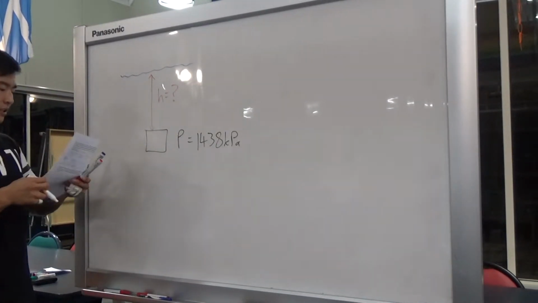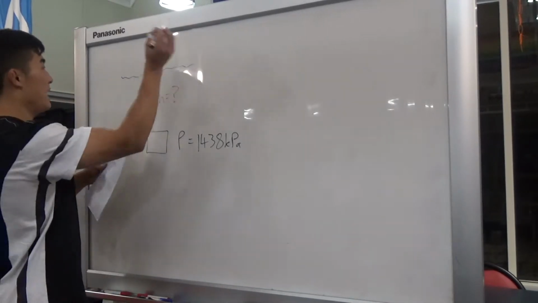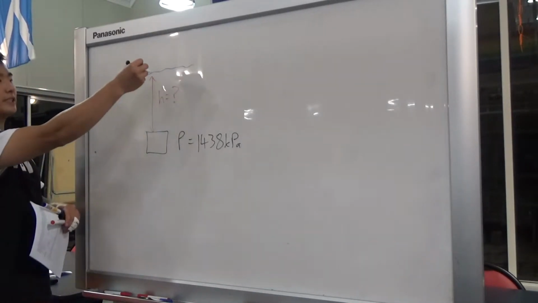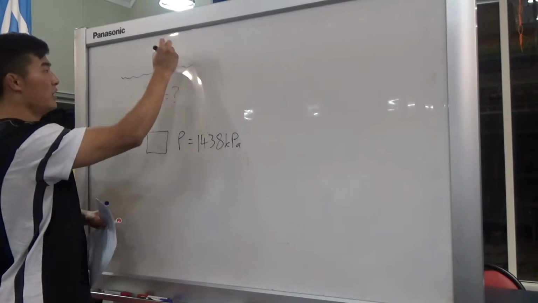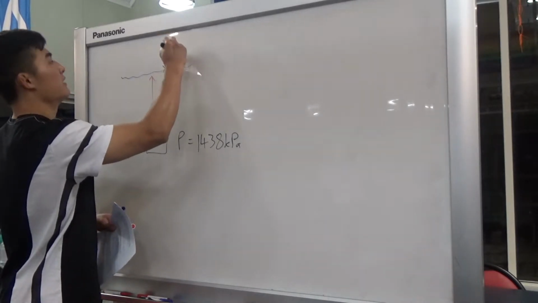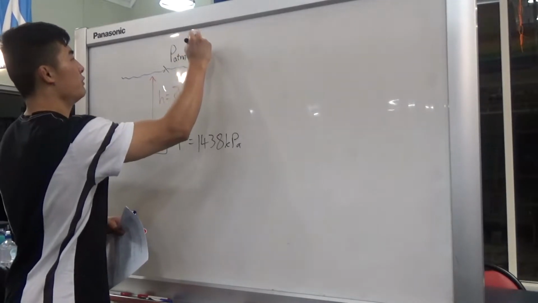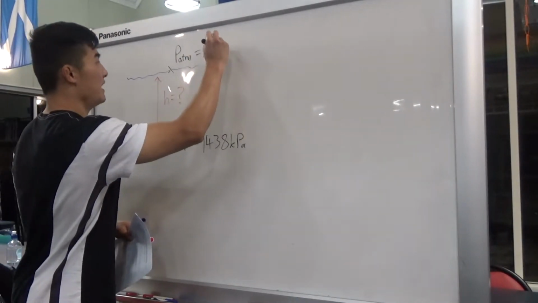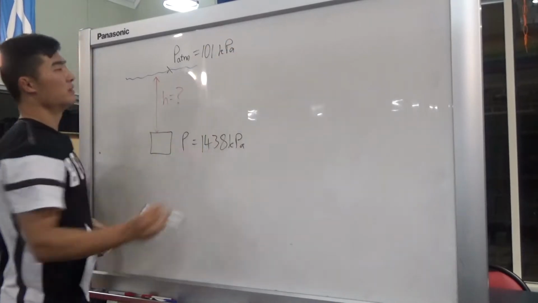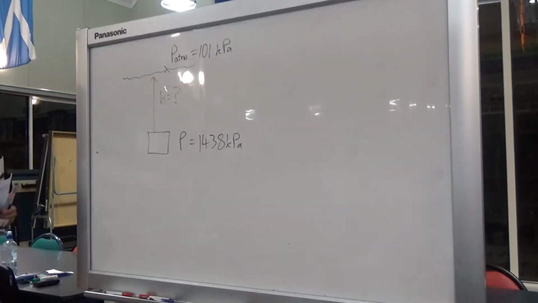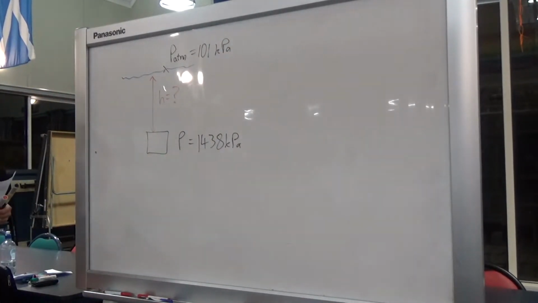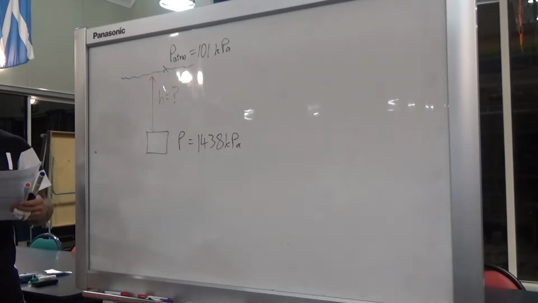And we've been told that the atmospheric pressure, so at the surface of the water, is 101 kilopascals. So that's the information that we have.